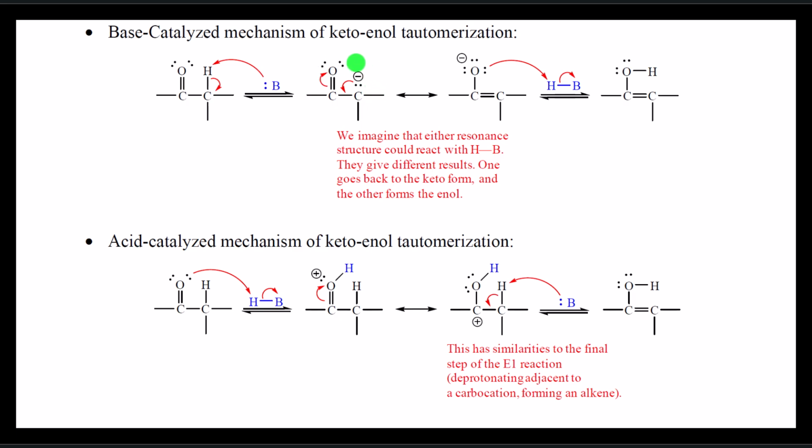In this case, the original resonance structure would react in the reverse reaction by grabbing a hydrogen off of an acid and becoming reprotonated on the alpha carbon. That would just recreate the original ketone or aldehyde.